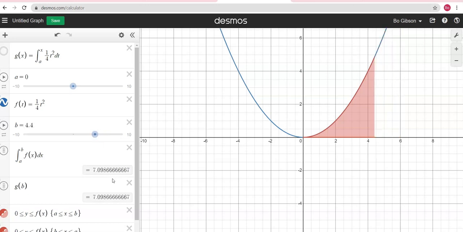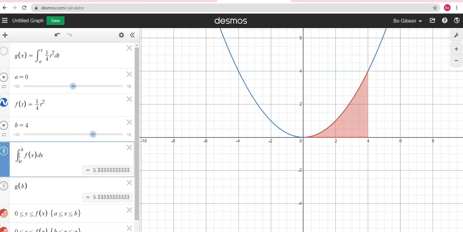Okay. Now, let's say I wanted to find a function value. Well, that's what we did on the last page. We wanted to find g of 4, right? If I'm finding g of 4, then we're just finding that area there. How much area is under there?